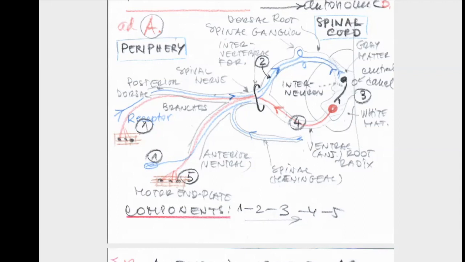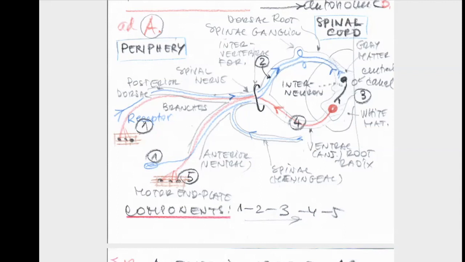That means the effector. So we know that the effector in the somatic reflex arch is the somatic system. That means that that is striated muscle. This was the explanation of the function of the somatic reflex arch. Then this was number A.